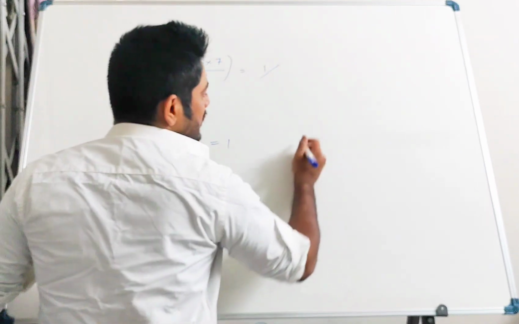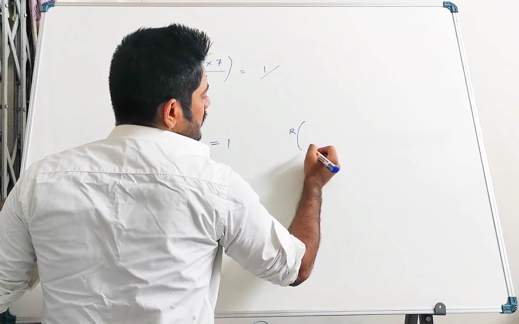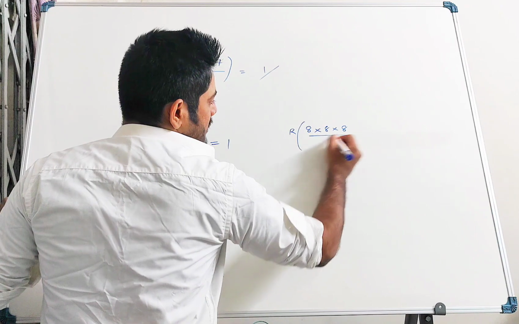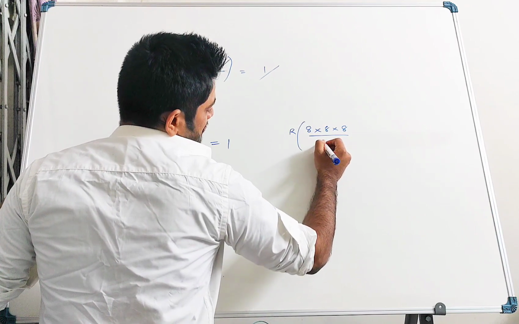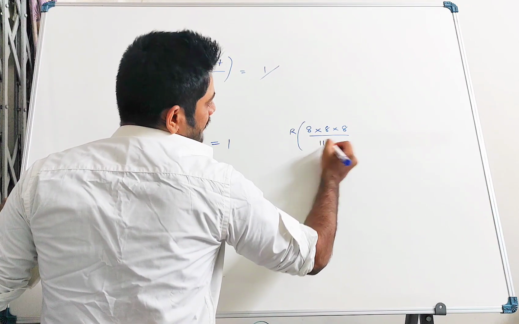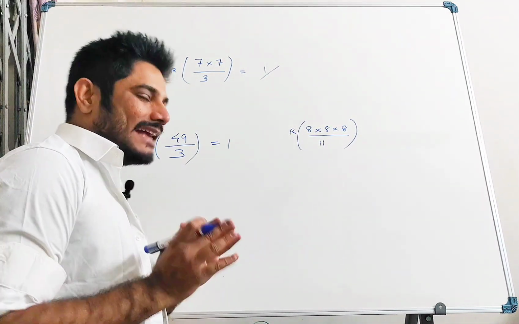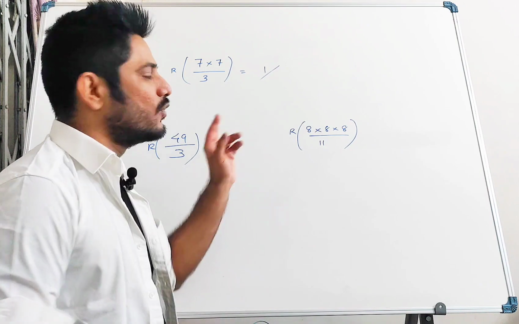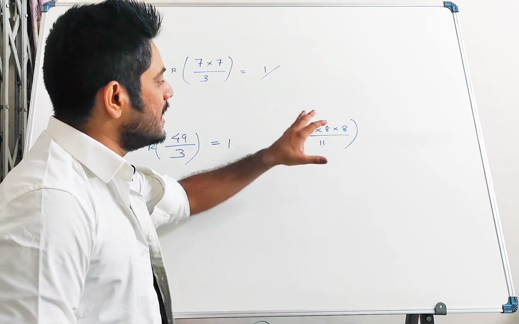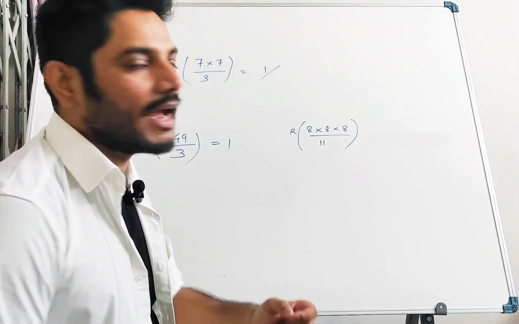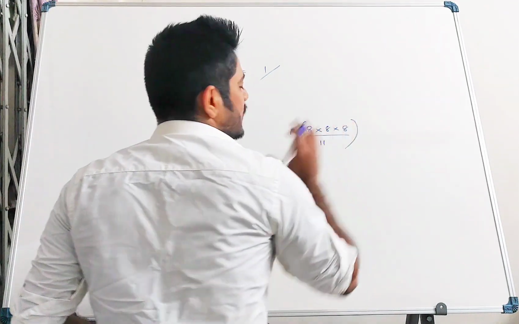Let's check another example. What is the remainder when 8 into 8 into 8 is divided by, let's say, 11? As I said, remainders work exactly the same. Even if you multiply it and write down 512, whatever remainder you get is the same answer you get here.